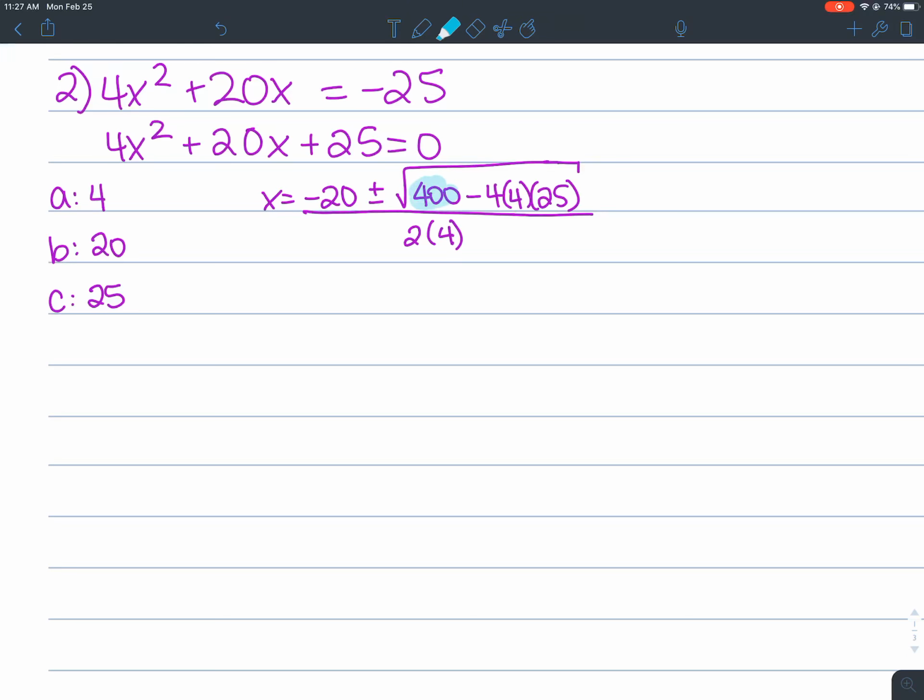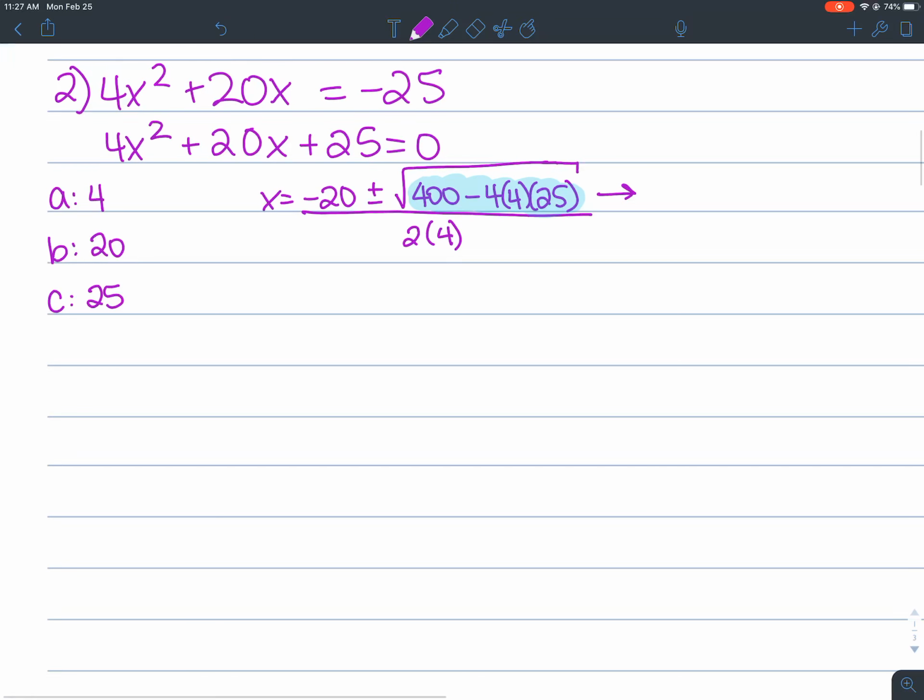So again, let's go ahead and figure out what our discriminant is. And so our discriminant is 400 minus, well, 4 times 25 is 100, times 4 is also 400. So this is 0, which means I only have one solution.